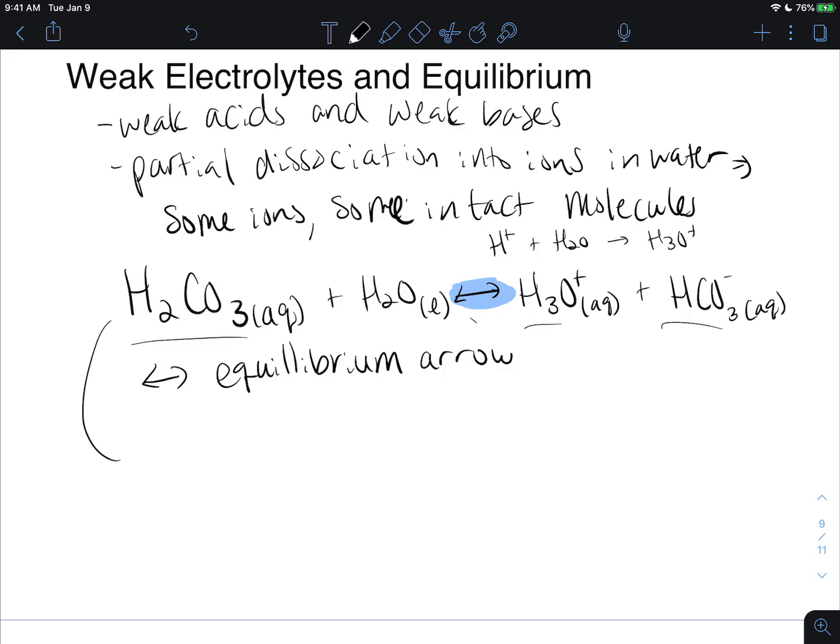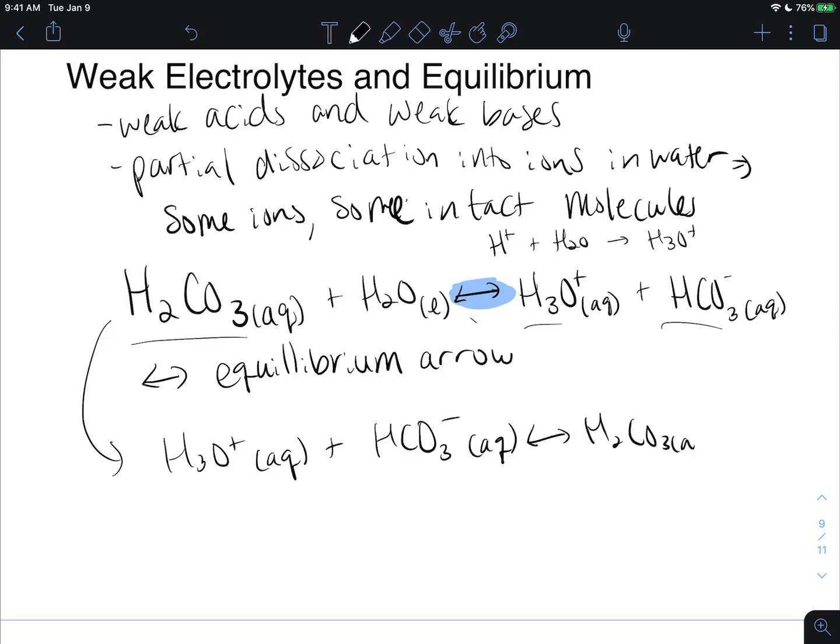As a matter of fact, we can write this reaction in either way if we would like. Because it is an equilibrium process, both the forward and reverse processes are occurring at the same rate and at the same time. So we could write them either way.